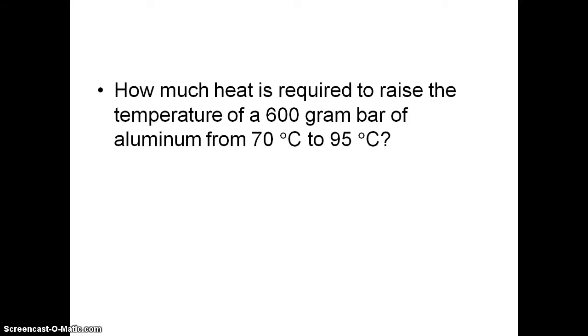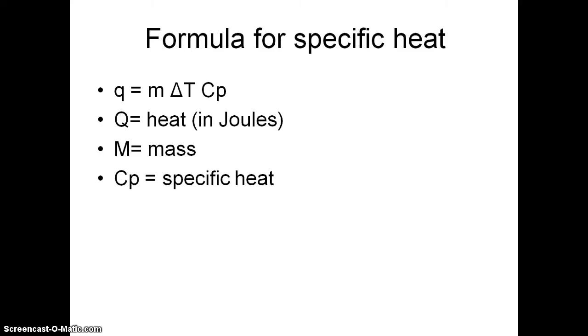So if we wanted to determine how much heat is required to raise the temperature of a 600 gram bar of aluminum from 70 degrees Celsius to 95 degrees Celsius, we are going to have to use a formula. In this formula, Q equals m delta T C_p.